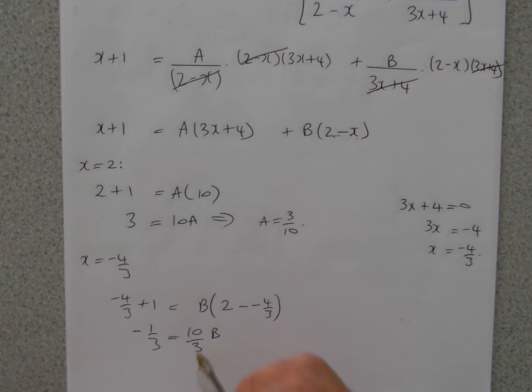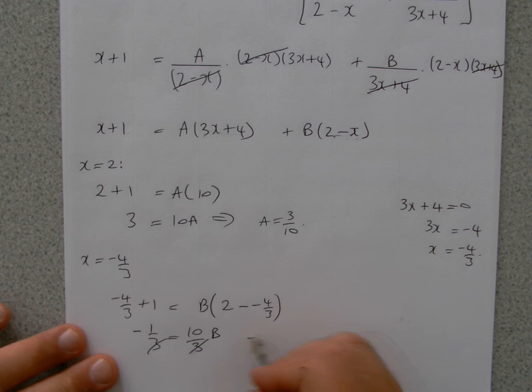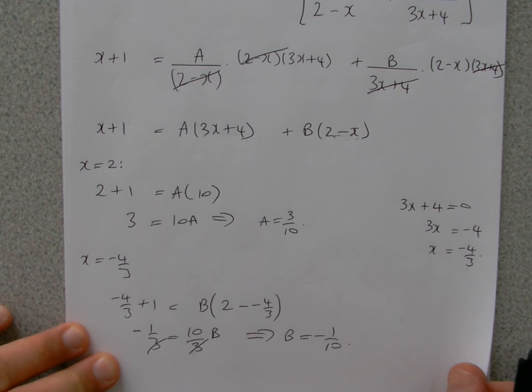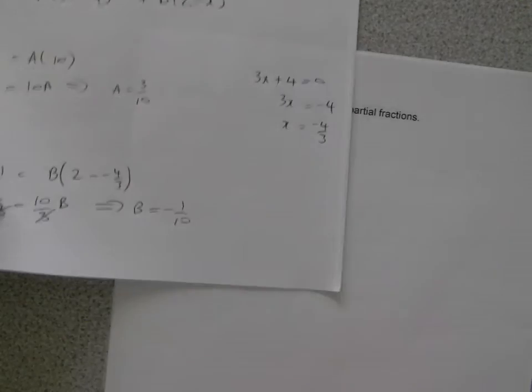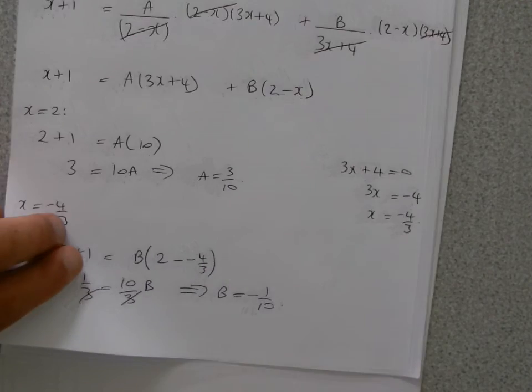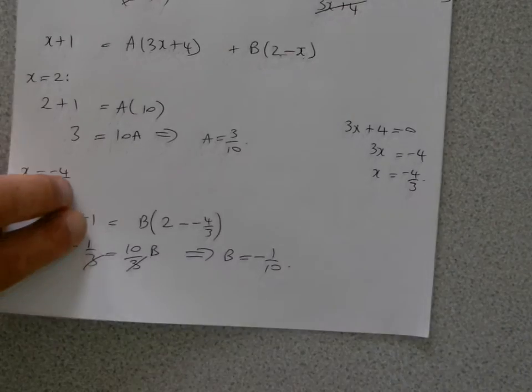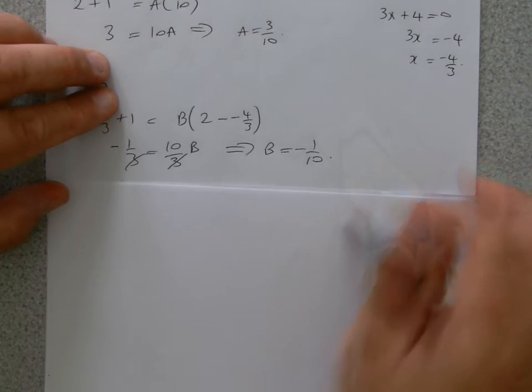The 3's will cancel there, because they're both denominators on both sides, and then that means B will be negative 1/10. So all you've got to do then is go back to the original and substitute in.